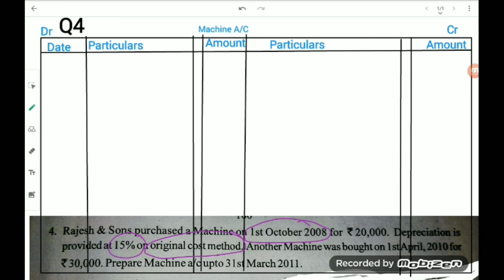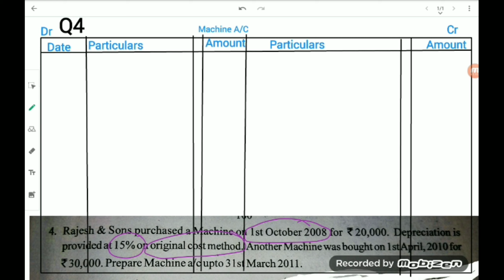Next, another machine was purchased on 1st April 2010 for 30,000, and the account should be closed on 31st March 2011.